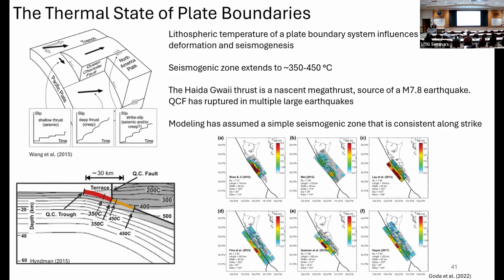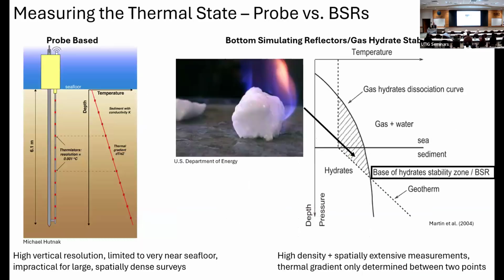Now, the models I mentioned of the 2012 earthquake all assume a very simple, flat, homogeneous fault surface that dips 15 to 20 degrees and generally extends to about 35 kilometers of depth. But knowing that this plate boundary is so variable along strike and there are so many differences in deformation style, it's very likely that this is not the simplest case.